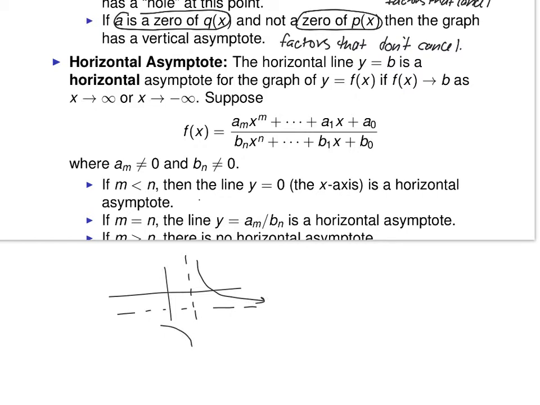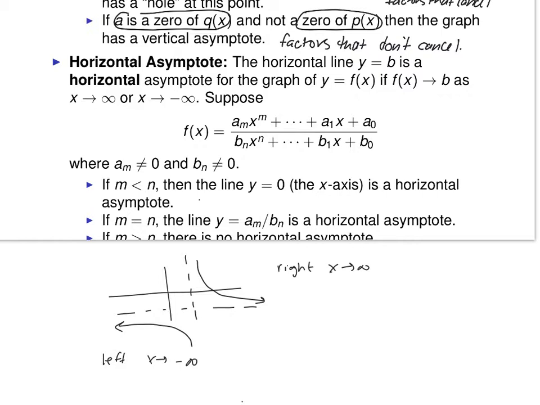And what happens as you go to the left. And so going to the right means your x is going to positive infinity, right? Does that idea make sense? Going to the left, what does that mean x is doing? X is going to negative infinity, exactly.